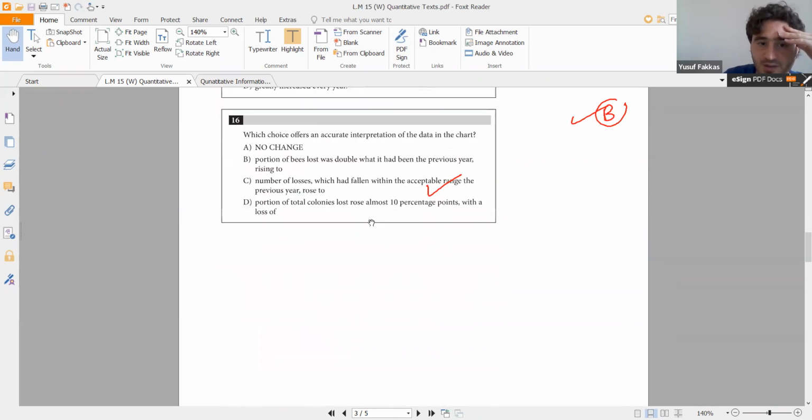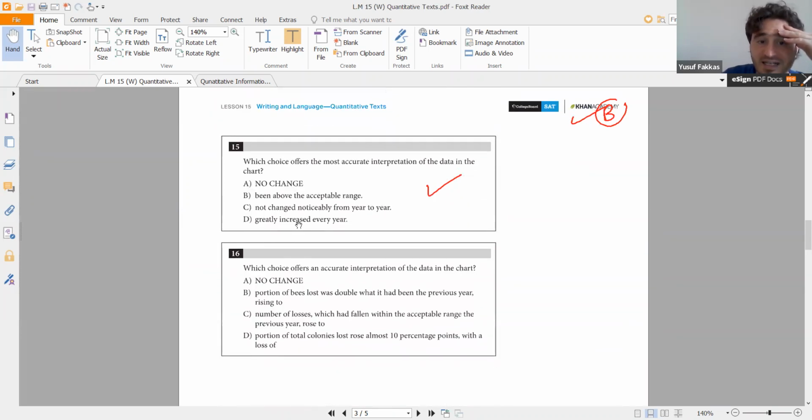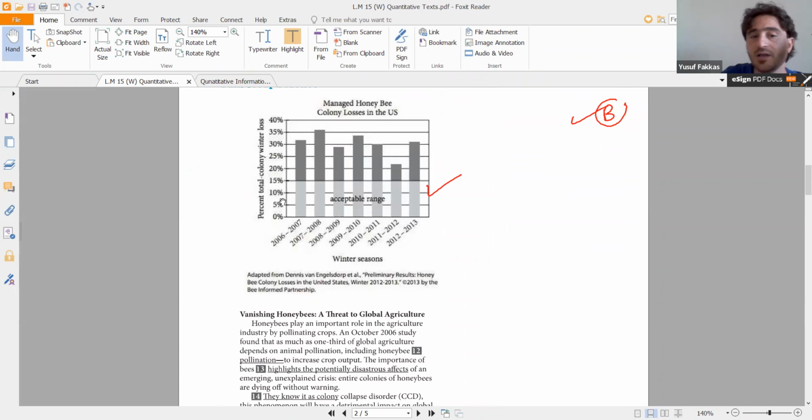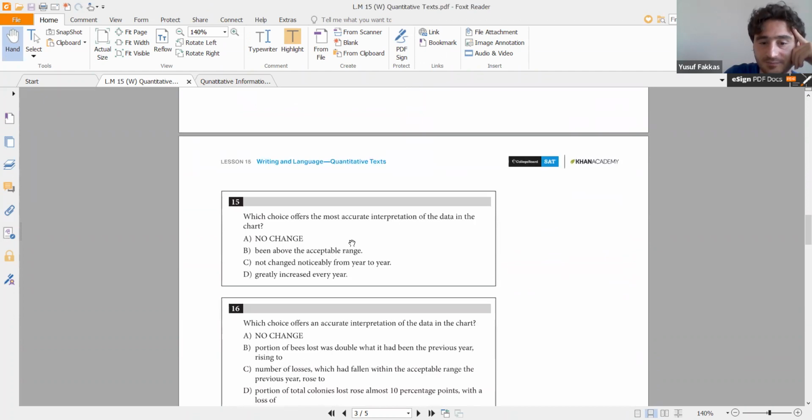So C is wrong. D, greatly increased every year. Again, that's wrong because we said it's not a continuous increase or decrease. There are ups and downs. So now I'm 100% sure that my answer is correct. It is B, which is in each winter, the rates exceeded the acceptable range, or they have been above the acceptable range. Okay? Question number 16.